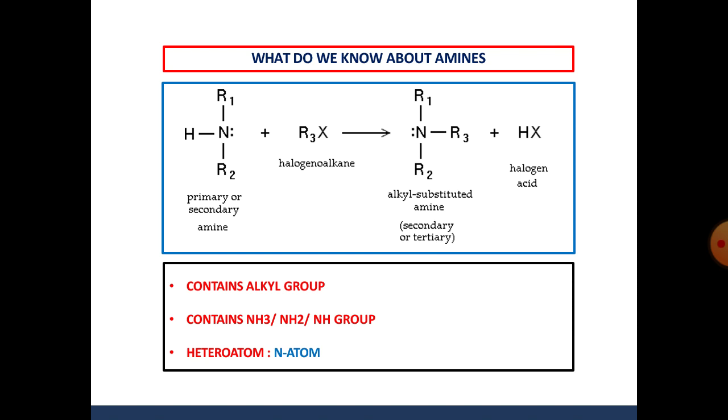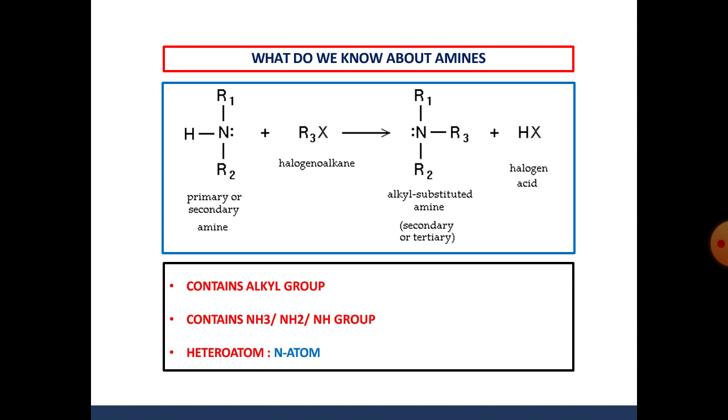In ammonia it is NH3, and NH2 in a primary amine, NH in a secondary amine, while in a tertiary amine there is only one nitrogen and three alkyl groups. So mainly it has an alkyl group and a nitrogen moiety. It may be NH2, NH or N.